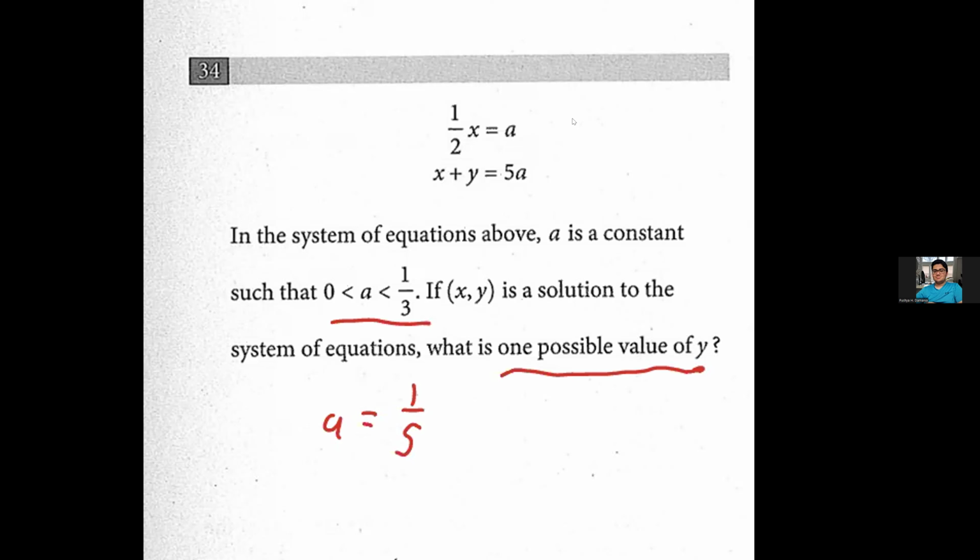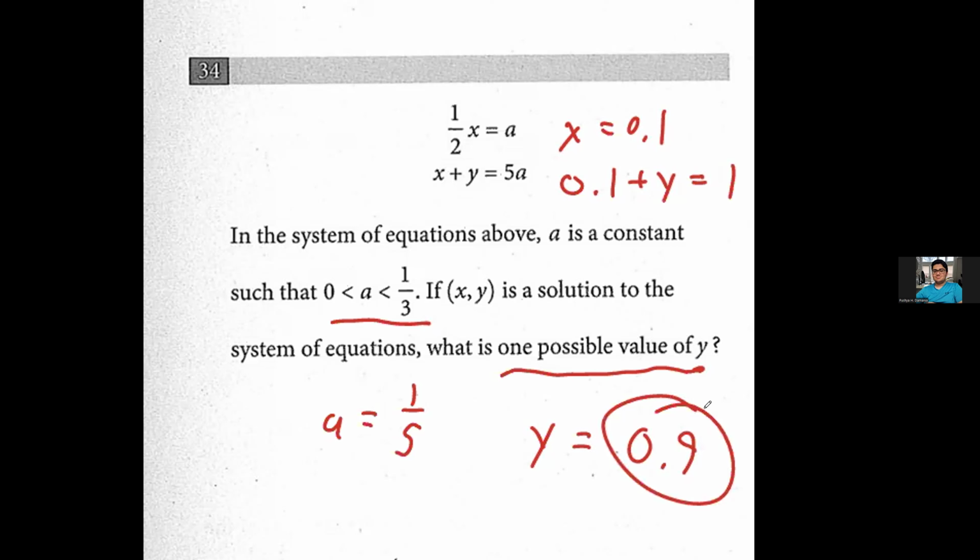That means x is equal to 0.1. And then for the bottom equation, x plus y equals 5 times 1/5. So this would just mean 0.1 plus y equals 1. That would mean y equals 0.9. So we can just put 0.9 as our answer and it would be marked correct.